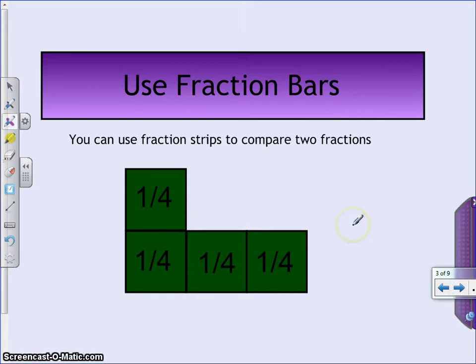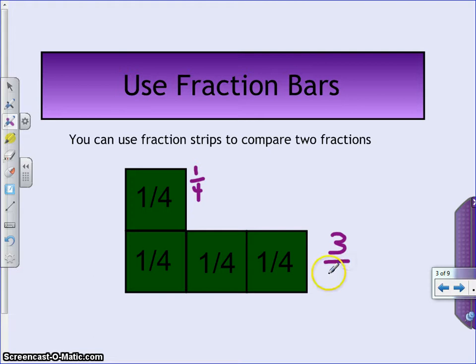So look in here, okay? This again illustrates if the denominator is the same, then the bigger the numerator, the bigger the fraction. If you look up here, we're comparing 2 fractions here. The top one here is 1/4, okay? The bottom one here is made up of 1/4 plus 1/4 plus 1/4, or 3/4.